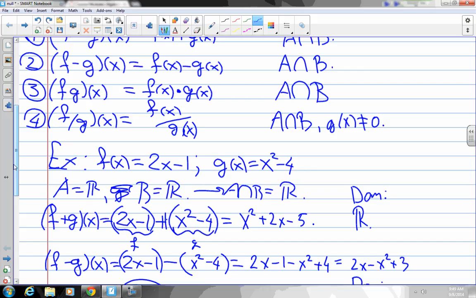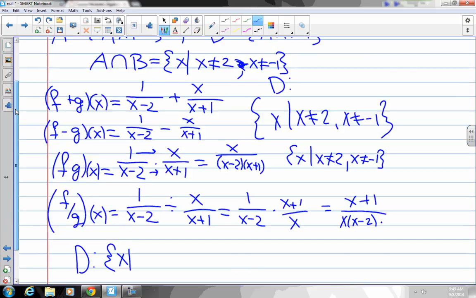The domain of a fraction, domain of the division, is still going to be the intersection that we found earlier, plus make sure the denominator is not 0 of the original g, right? You don't want g to equal 0. So it's whatever we found before, the intersection, and then take care of the fact that g should not be 0. Okay? So let's go back.